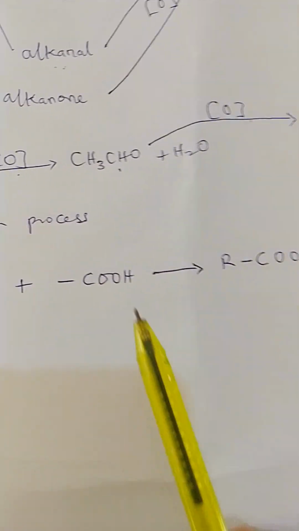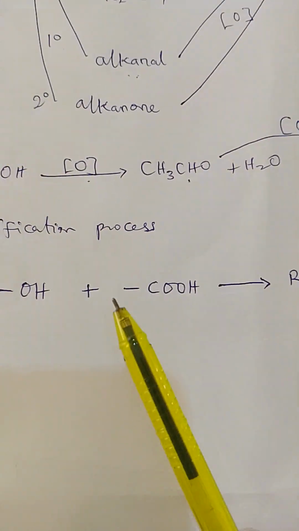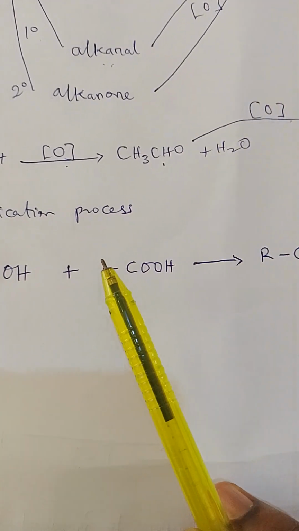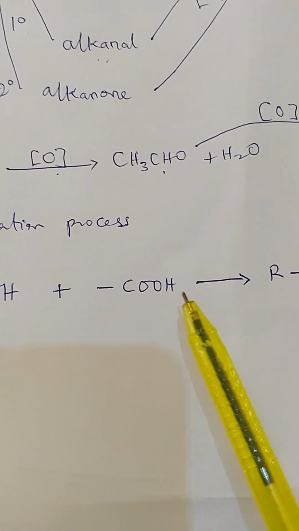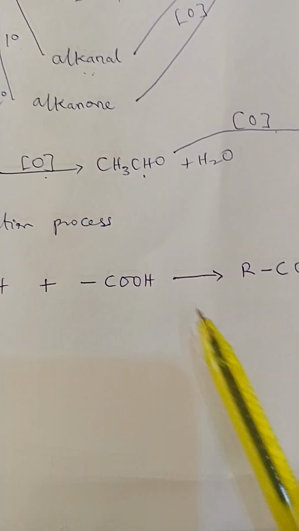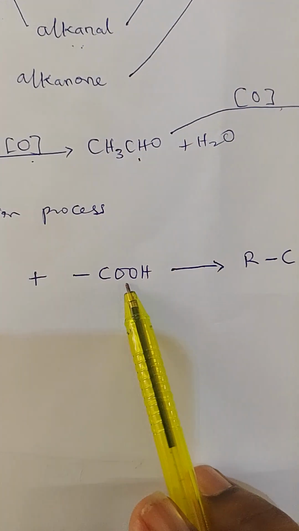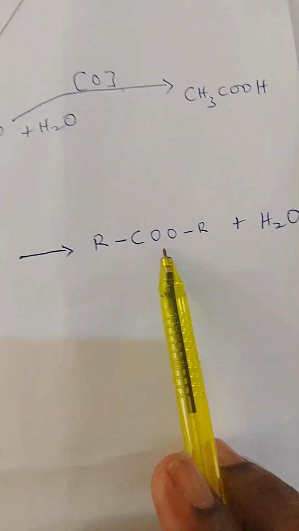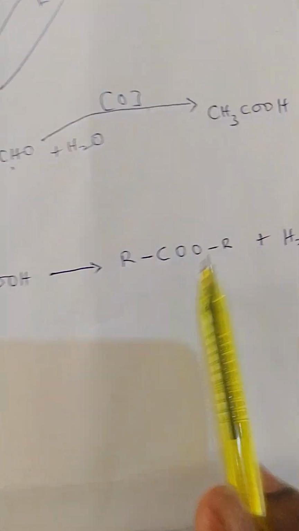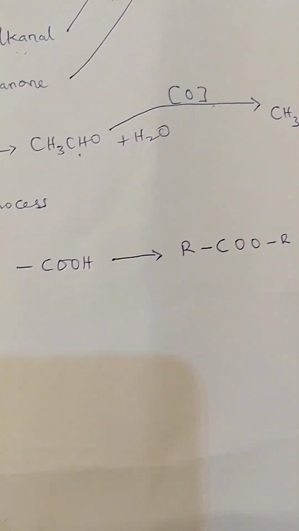Mind you, we are discussing the chemical properties of what? Alkanol. This type of reaction is called a condensation process. So when alkanol reacts with alkanoic acid, it forms alkanoate, or you call it ester. That's where the name esterification comes from, and it liberates water.